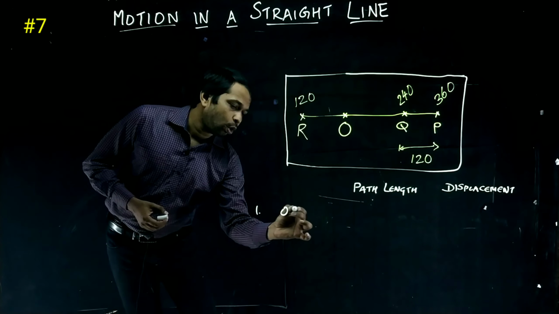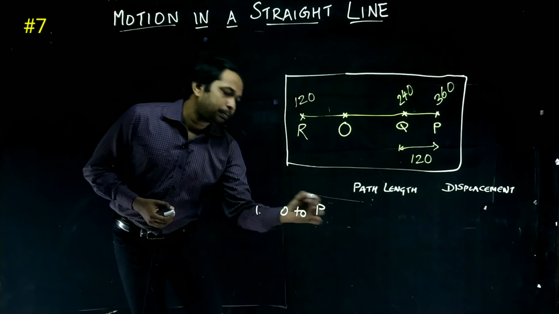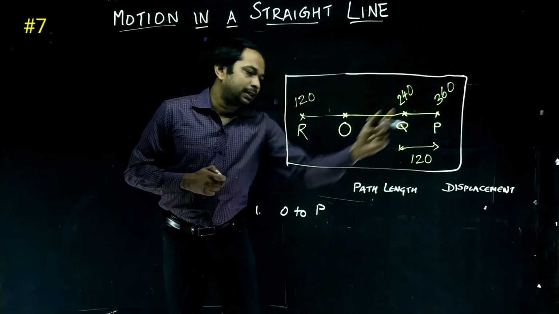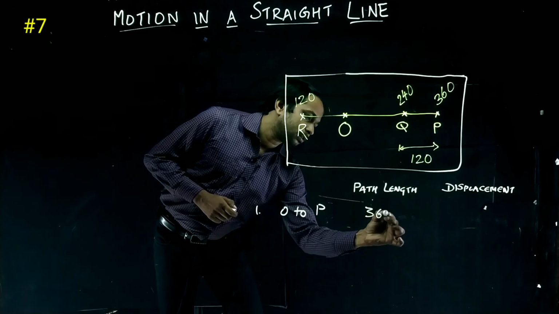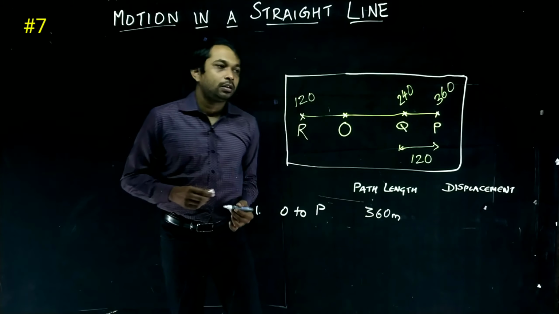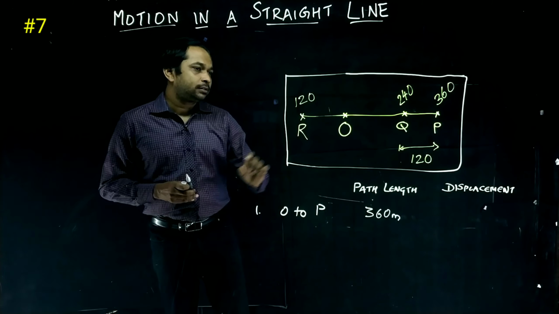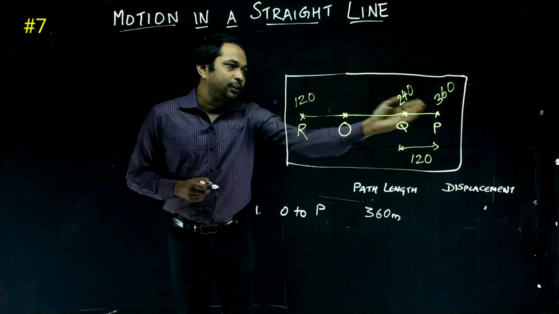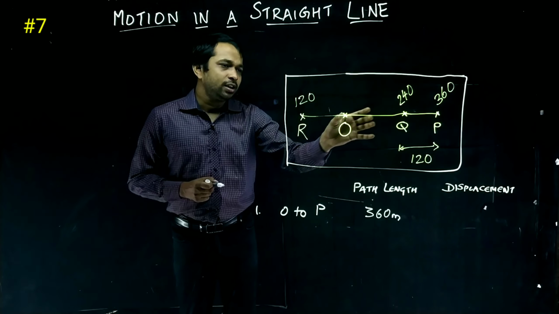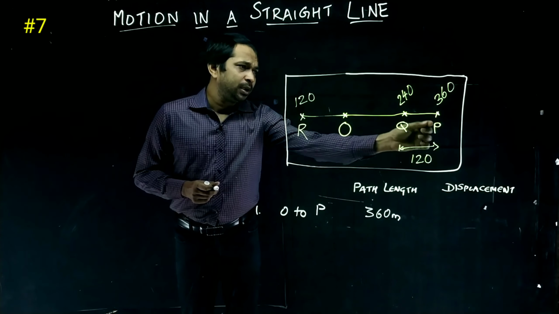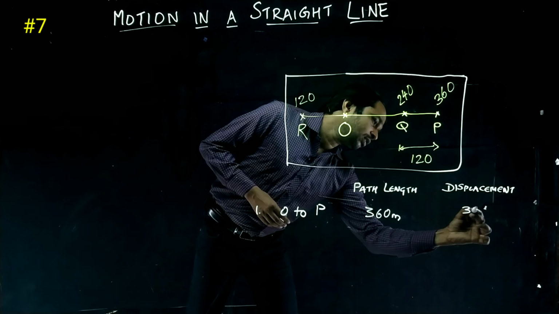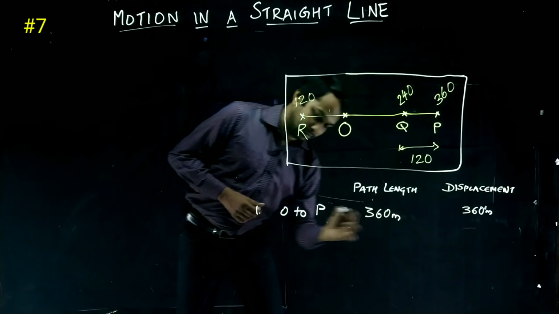Okay, so from O to P. So what is the path length? It is 360 meters. And what is the displacement? Displacement is also 360 meters, right? This is the difference in the position of our object within that time. Here the displacement is also 360 meters.